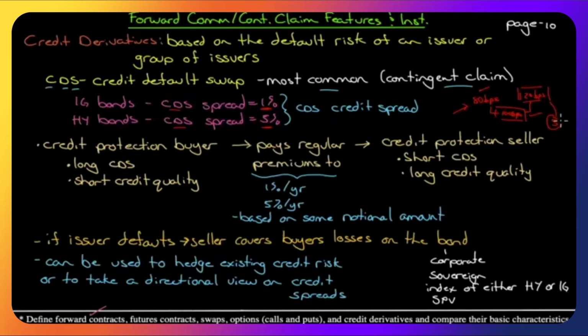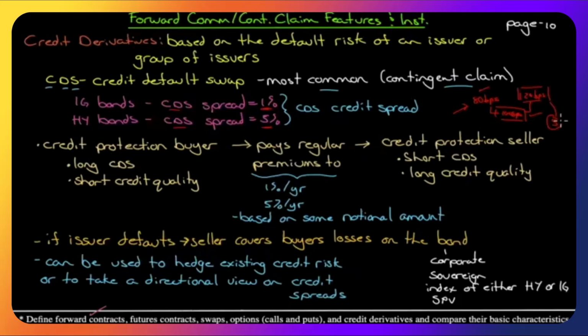So this is different than an ordinary contract where forwards and futures were free to enter. Swaps on day one were set up so that both the fixed and the floating leg were equal to each other. The options required an upfront payment to be made. This is sort of a combination of the two.